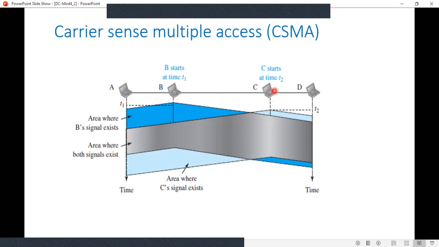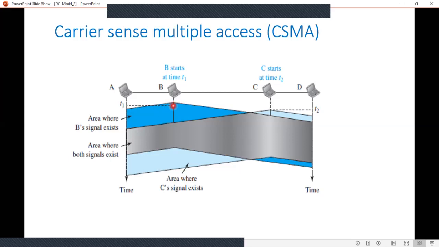Now at time T1, station B will check whether the channel is idle or not, and it finds that the channel is idle. So it will start sending its frame, that is, the bits in the frame, at time T1.